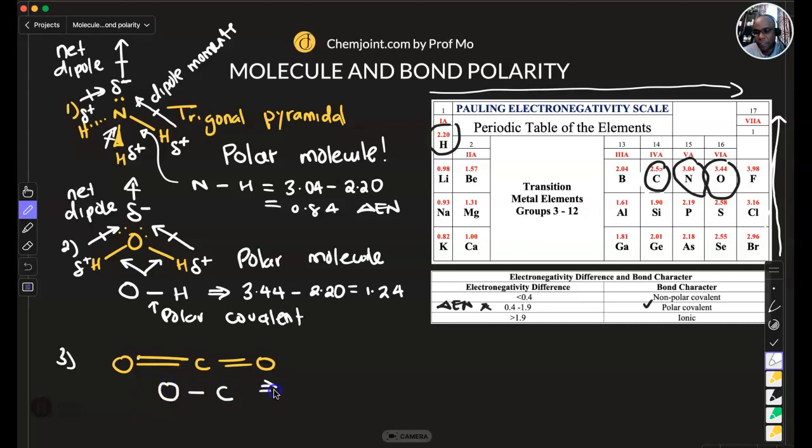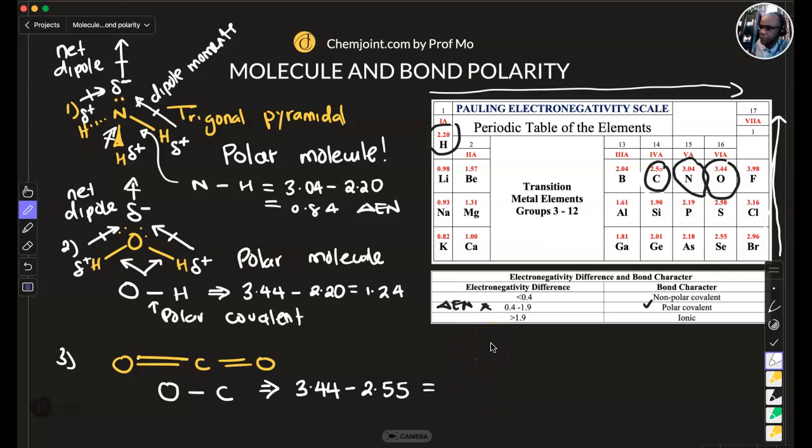Oxygen is 3.44, and the electronegativity of carbon is 2.55, I believe.